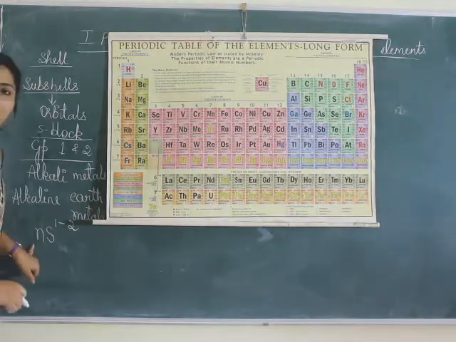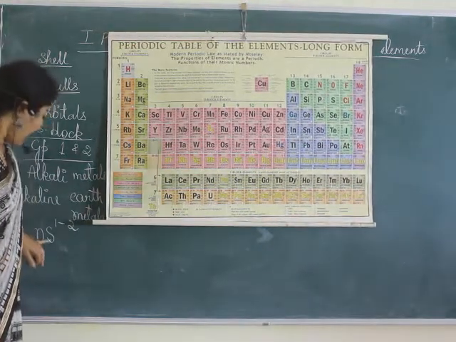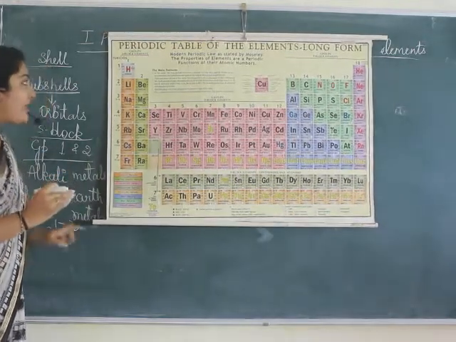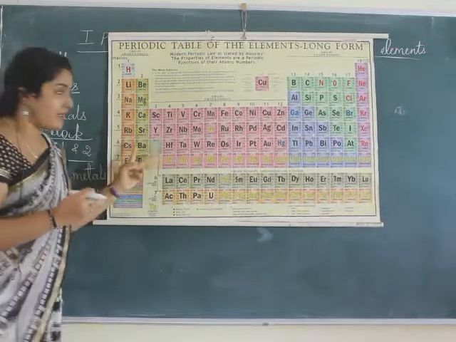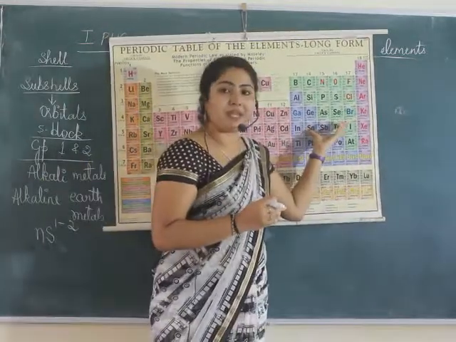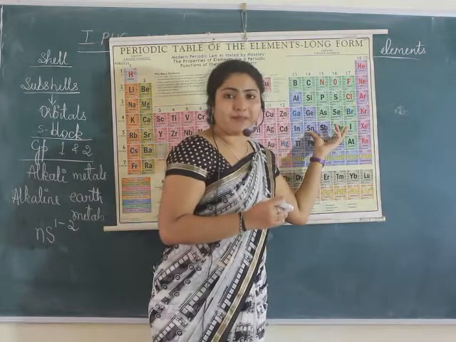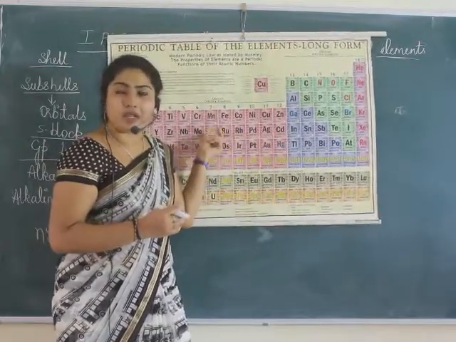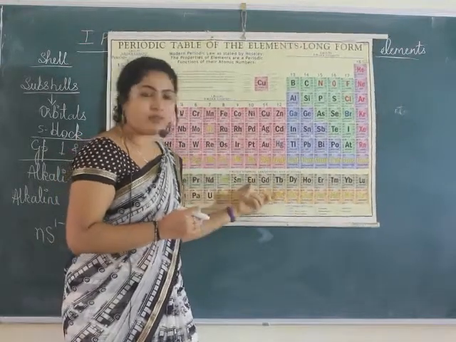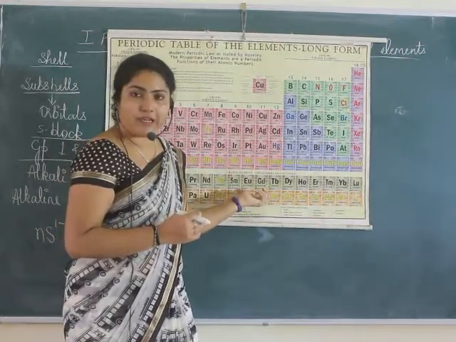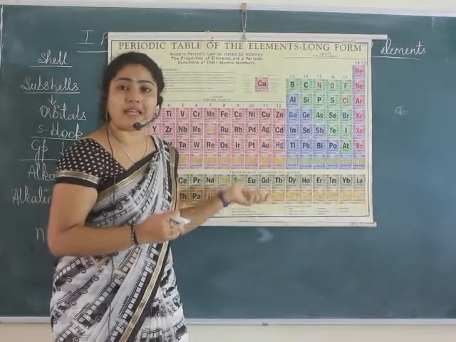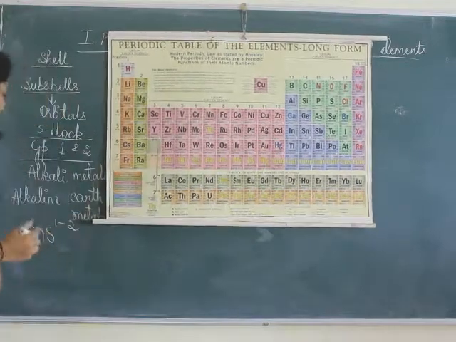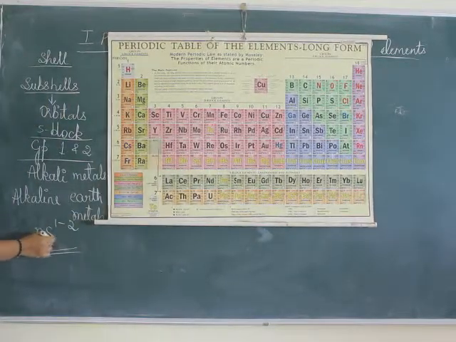Here n represents the principal shell. s means the last electron is entering the s shell, and that is why we call these s block elements. If the last electron enters the p orbital, we call them p block elements. If it enters the d shell, we call it d block elements, and the same for f block elements, if the valence electrons enter the f shell. So coming back to the point, the outer shell electronic configuration is ns1 to 2.